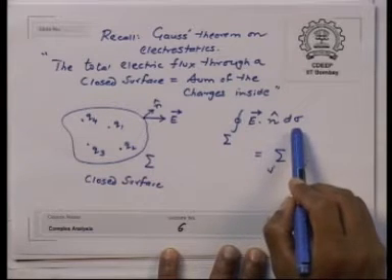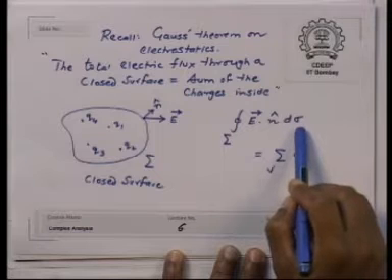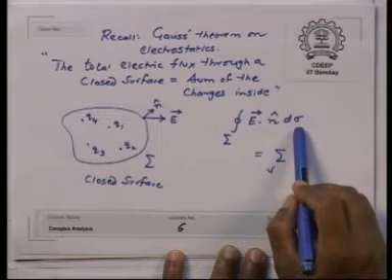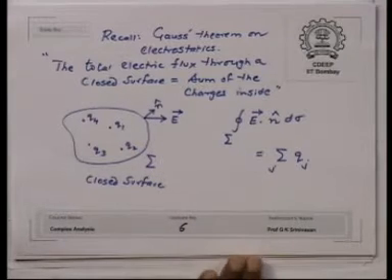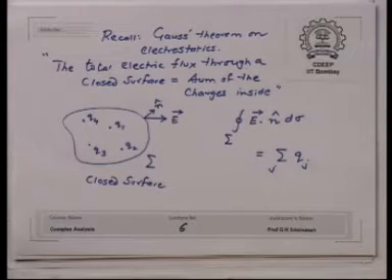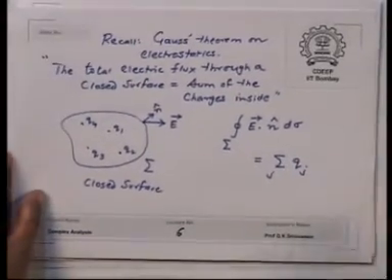What is this d sigma? It is the area element, correct? In vector calculus, you have the area element, and this total electric flux equals the sum of the charges lying inside. How do you prove the theorem? The theorem you will prove by saying, God, the numbering is completely gone, but never mind.